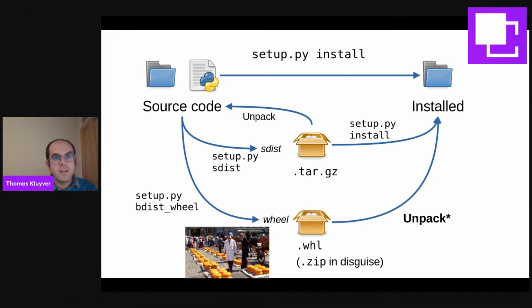And then from 2013, we've also got this wheel format. If you do setup.py bdist_wheel, it will build a .whl package, which is really a zip file, and this contains a pre-built package.